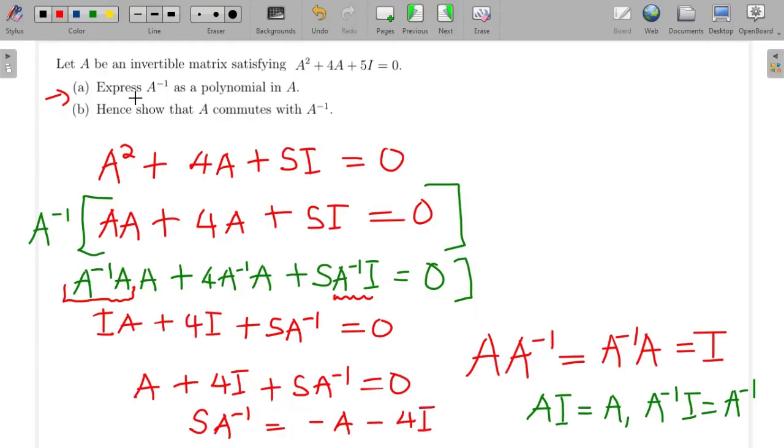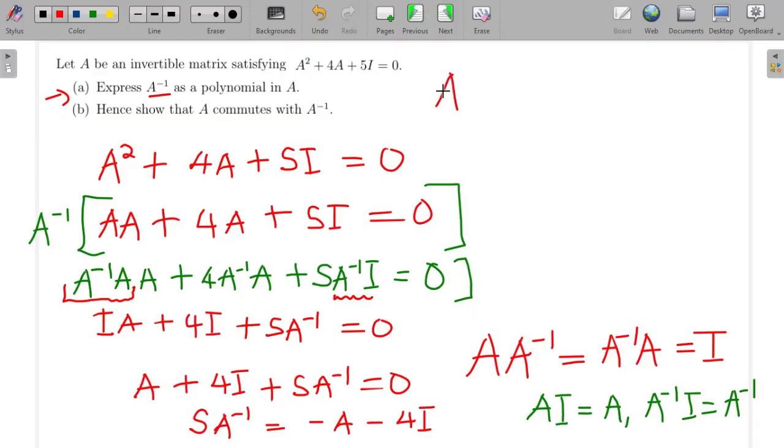Remember, the task is to express A inverse as a polynomial in A. So I have to make A inverse the subject. I'll divide throughout by 5. So what am I going to get?